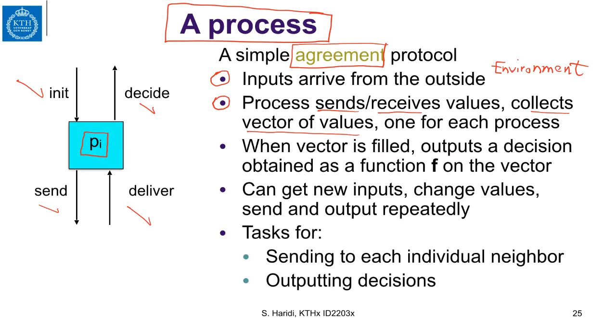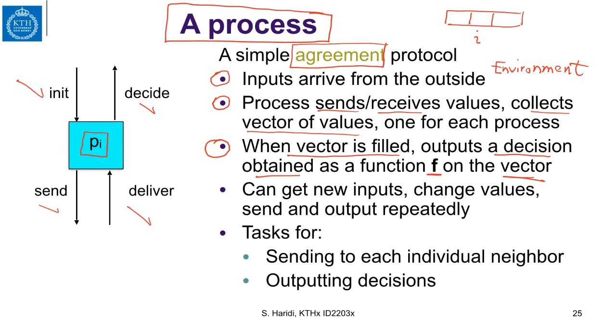So if we have 3 processes in the system, PI has a vector of 3 elements. It has its own element, we call it element I, and then it has one element for each other process. Initially, the vector is empty or undefined. But when the vector is filled, the process outputs a decision obtained as a function f on that vector. So initially, the vector is empty.